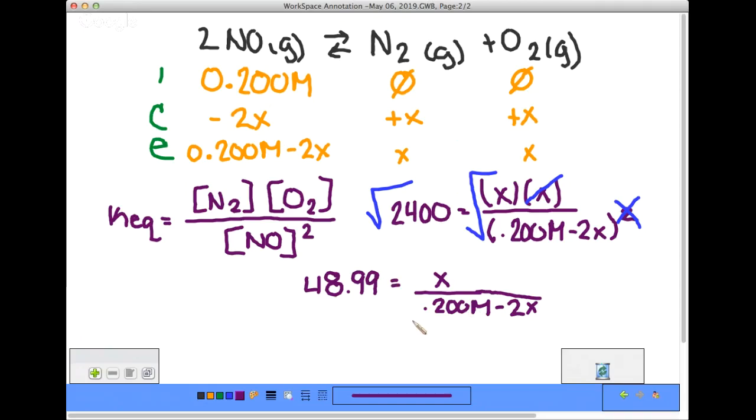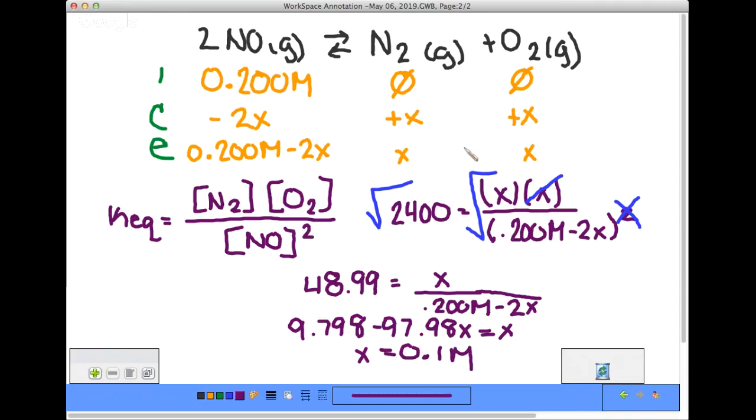Multiply both sides by the bottom, and what I end up getting is 9.798 minus 97.98x equals x. And I get x equals 0.1 molar.